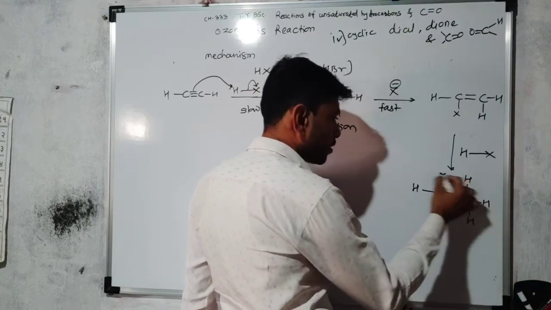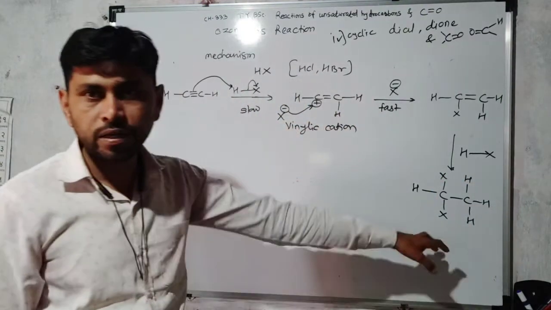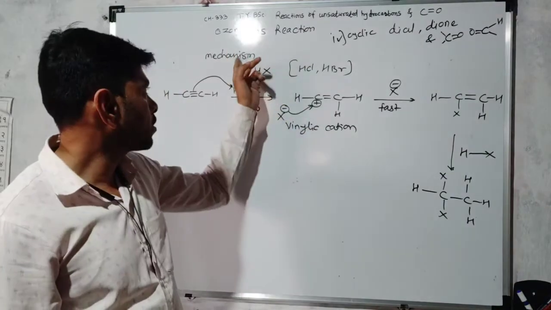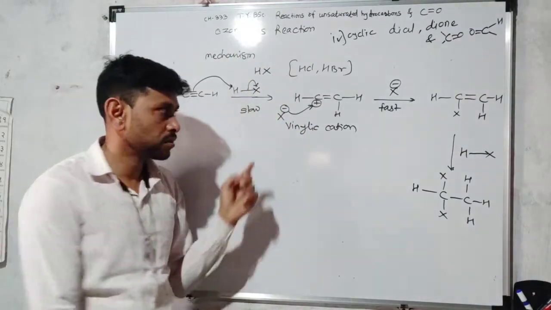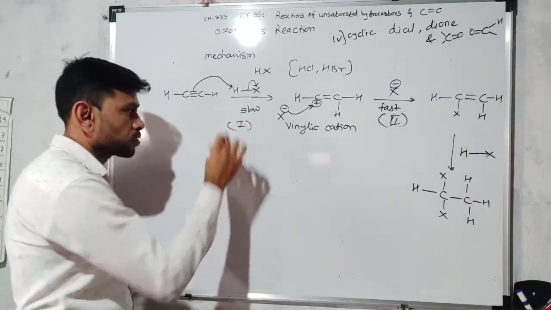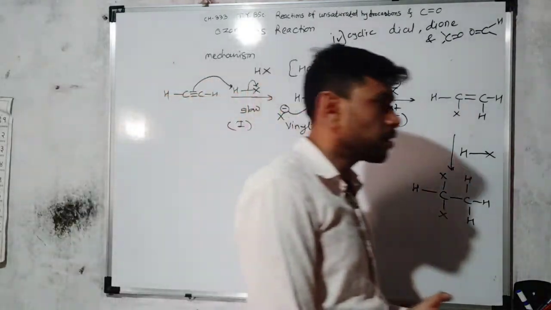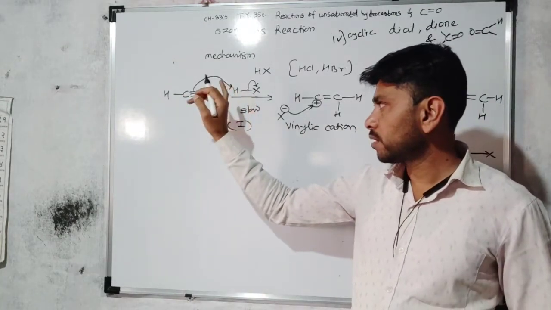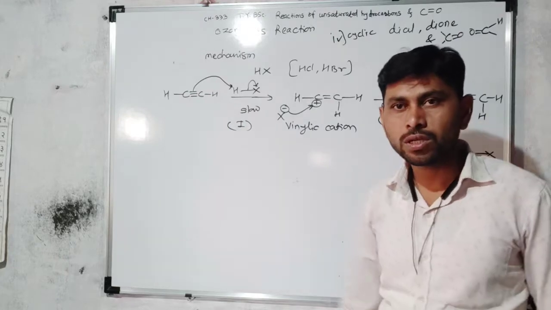This is the general mechanism. The first step is the slow, rate determining step where both reagent and reactant are involved.